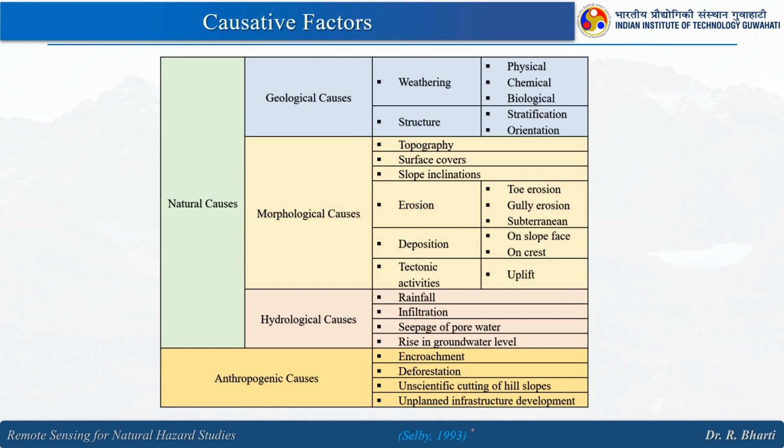This particular table is from Selby 1993. So, here you can see he has made a very nice table, that is natural causes, and it is listed into 3: geological, then morphological, then hydrological, and then we have the anthropogenic causes.